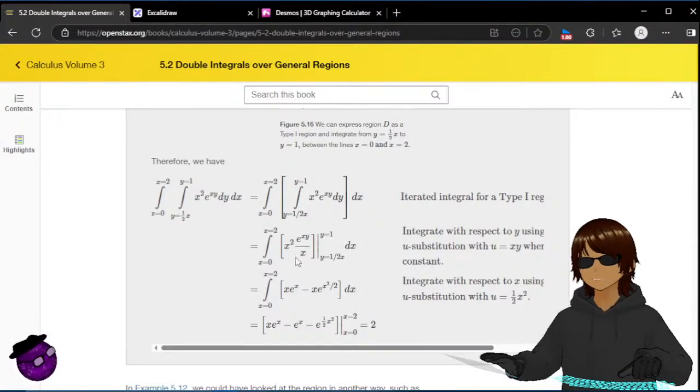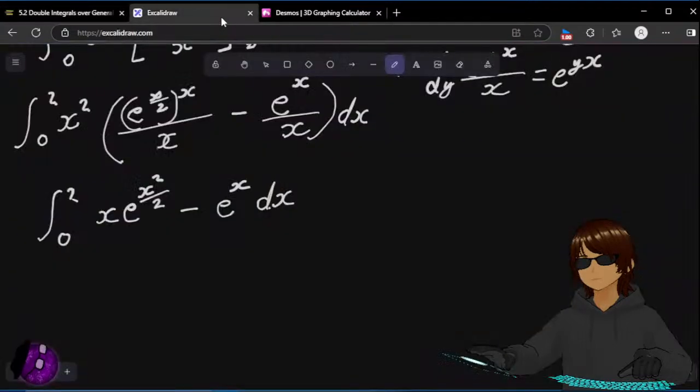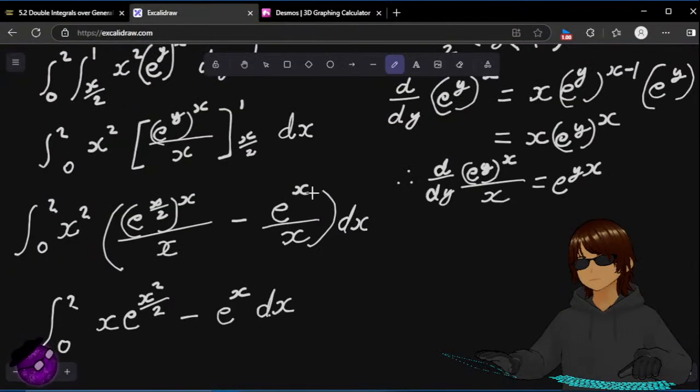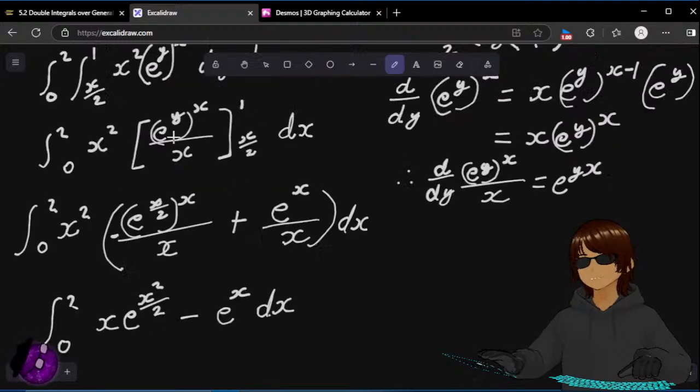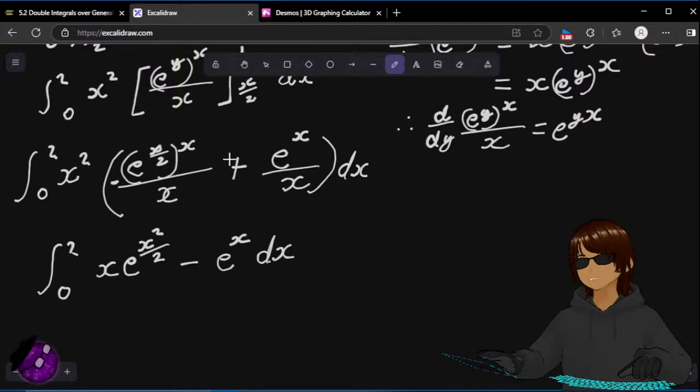Why is their sign flipped? Actually, yeah. I think I made a mistake again. This is plus, this is minus. You evaluate the higher one first and then the lower one. I don't know why I did the opposite.